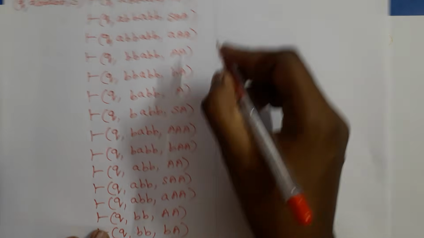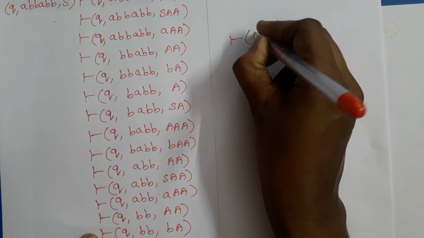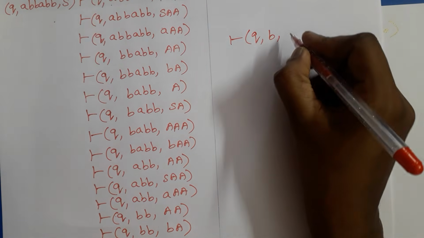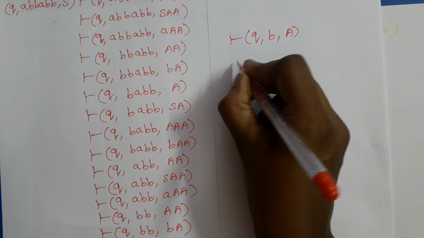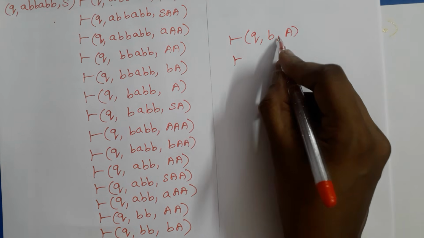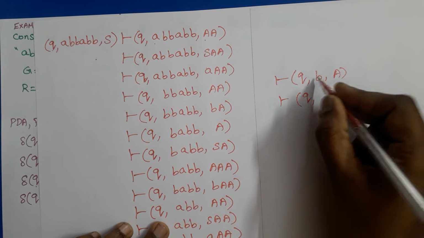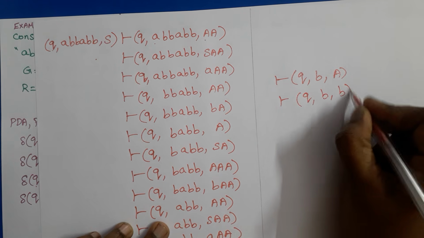So by following the final rule, B is removed from the input and B is popped from the stack. So now Q, epsilon, A. So Q, epsilon, A means we can replace A by B. So no change in input string, A is replaced by B.